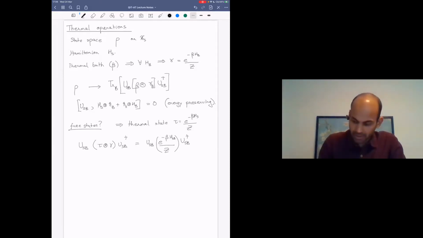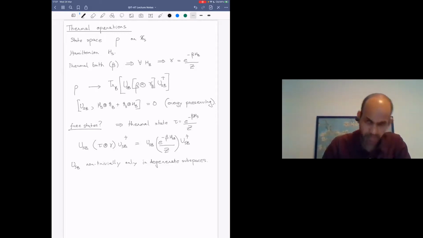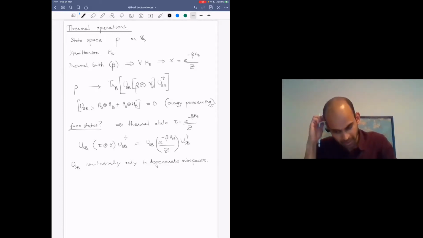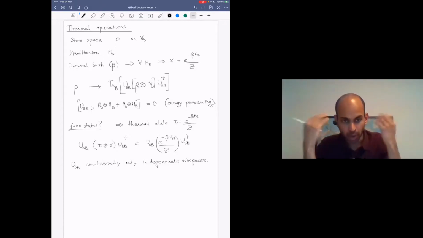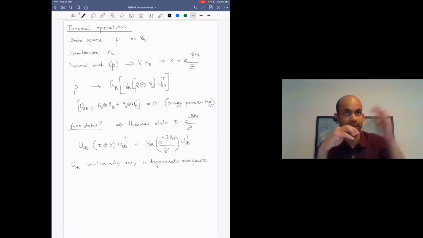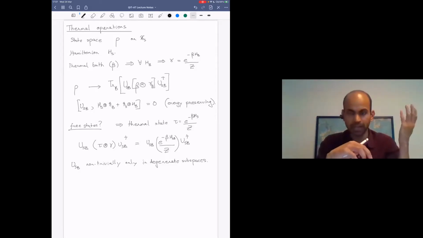Now, because this is energy preserving, it follows that it acts non-trivially only in degenerate subspaces. So from a while ago during this lecture, we discussed the fact that energy preserving unitary operations can always be written block diagonal in the basis of the Hamiltonian that is acting in, which means that for any non-degenerate eigenstates, so states with different energy eigenvalues, the unitary can't do anything.